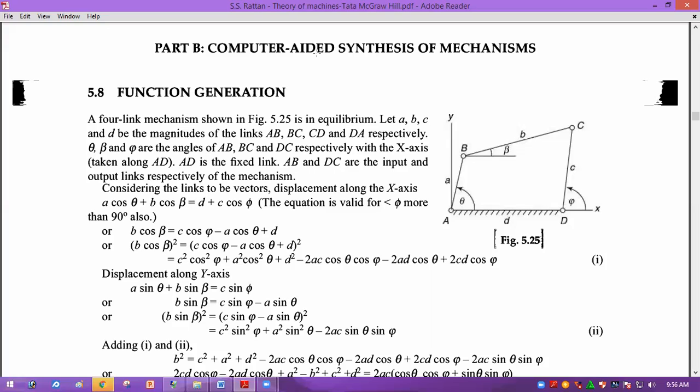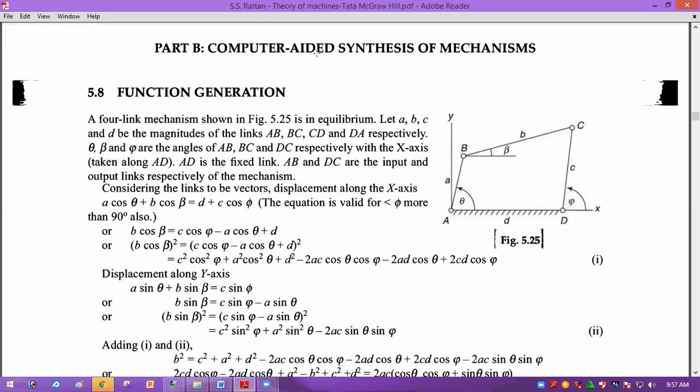In both methods we have another two classifications, like two position synthesis and three position synthesis. For example, in two position synthesis they will give you one input angle and one output angle. In the case of a slider crank mechanism they will give one crank angle and one distance, the slider distance.